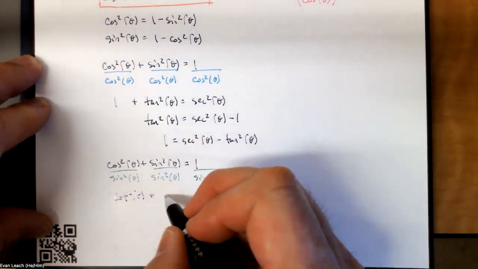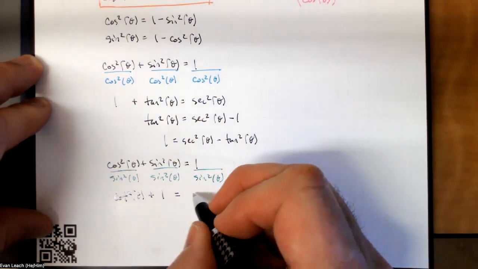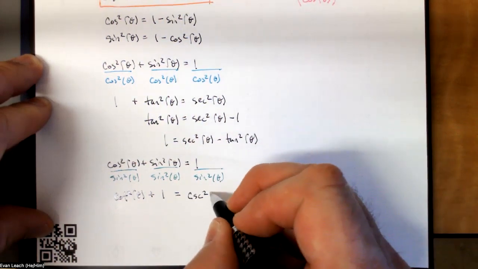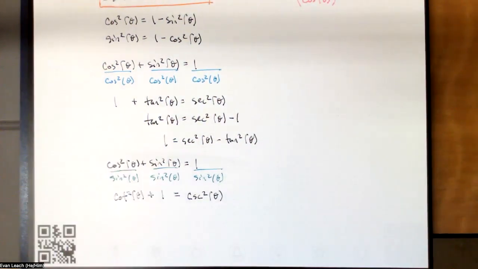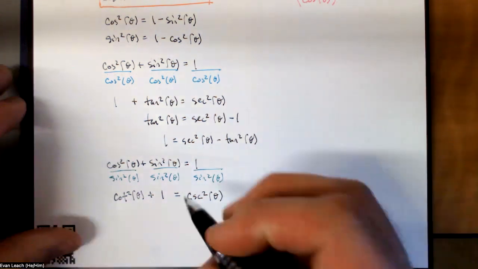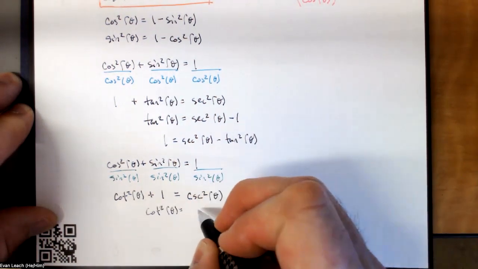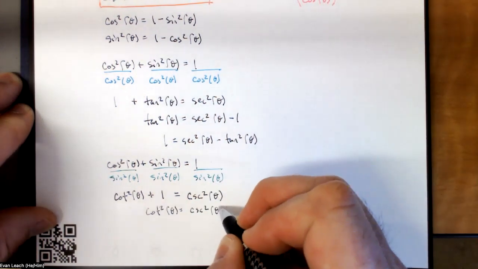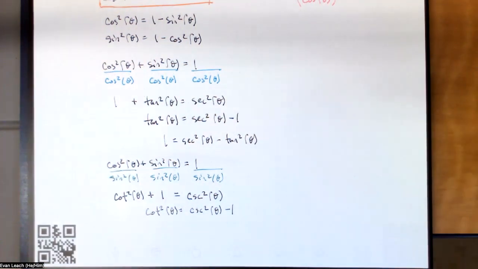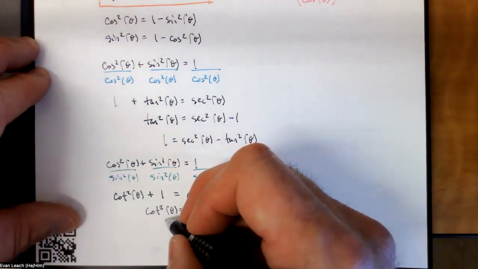Sine squared divided by sine squared is equal to 1. And 1 divided by sine squared is cosecant squared. Then we have 2 variations on this. I can solve for cotangent squared as cosecant squared minus 1. Or I could write 1 equals cosecant squared minus cotangent squared.